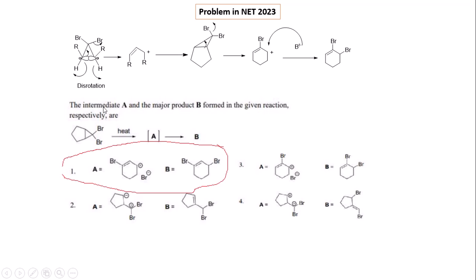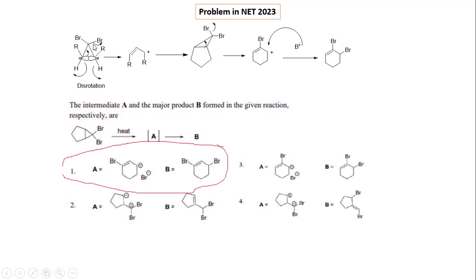Next, if we see the problem in the NET questions 2023, this observation was similar to the electrocyclic opening reaction. Here, the two bromine groups can leave from the system. Here, the R group is on the same side as the bromine, and the R group rotates in the opposite orientation with respect to the bromine group.